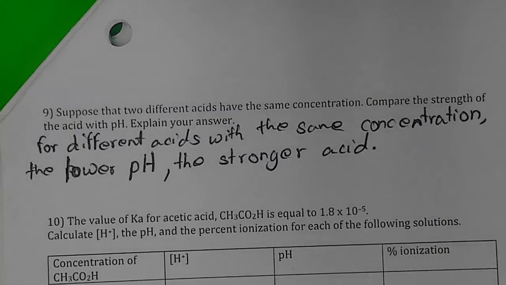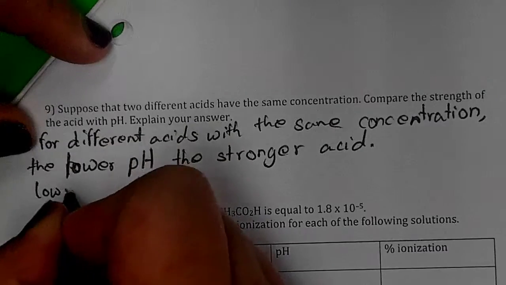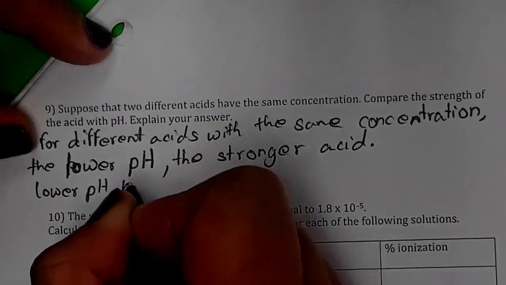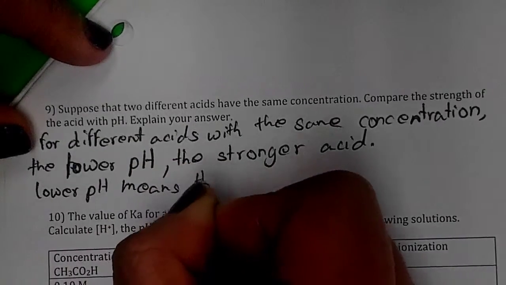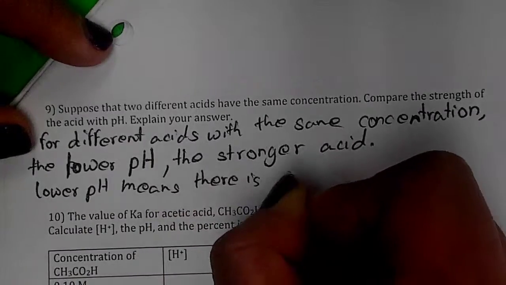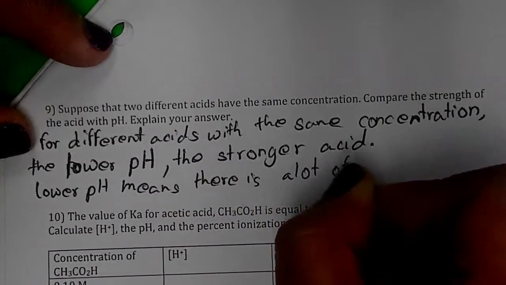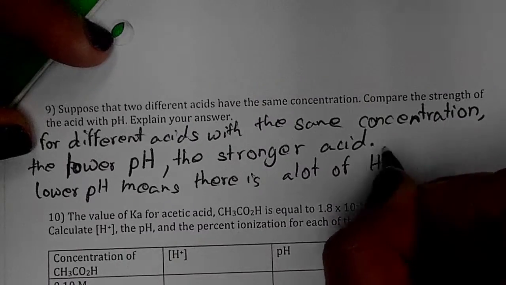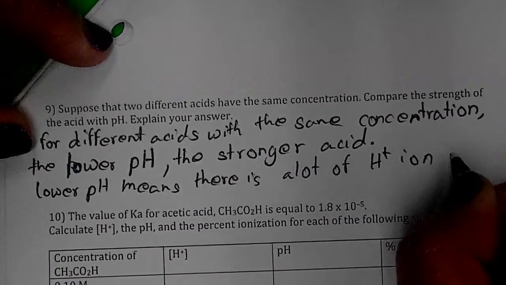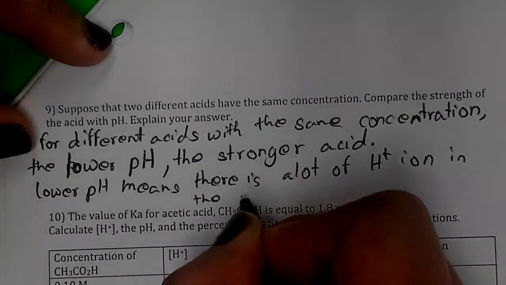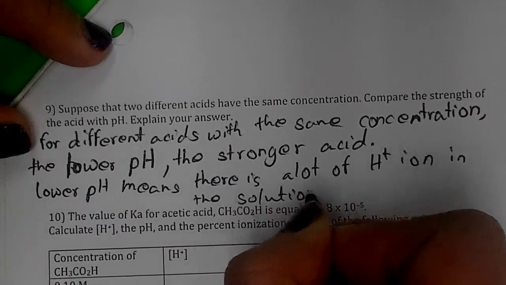What does it mean to have low pH? It gives off a lot of H plus. Lower pH means there is a lot of H plus ion in the solution, right? More H plus, the stronger.